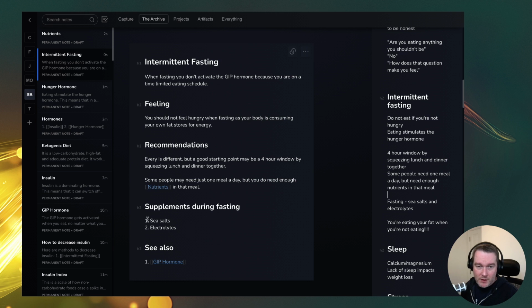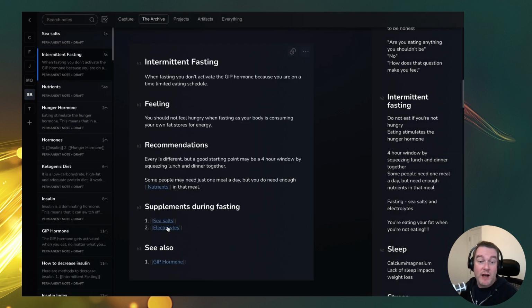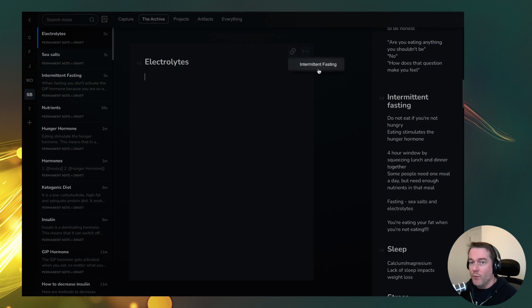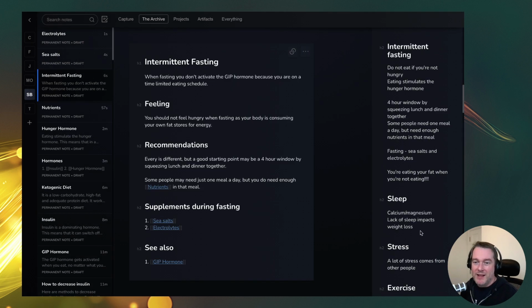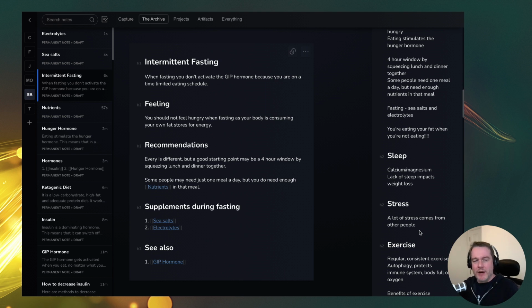So again, I quite like the idea of pulling these out into their own content areas, because if you were going to be doing sea salts, how frequently should you take them? What are the benefits on the body? All of these things. The fascinating thing about going through this process is you start with one video.